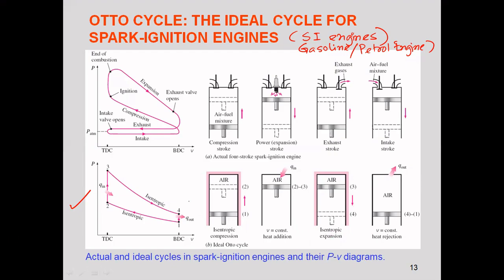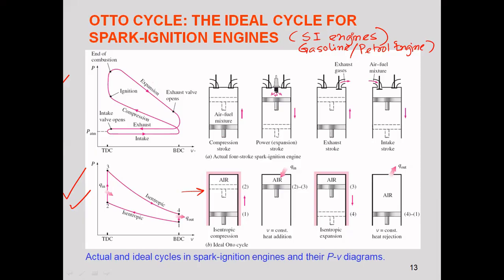You can correlate this diagram, the first diagram. In this figure, I am trying to show you the comparison between the actual cycle and the ideal cycle. In the actual cycle, you see that there is a deviation. The processes are not like constant volume, constant entropy.